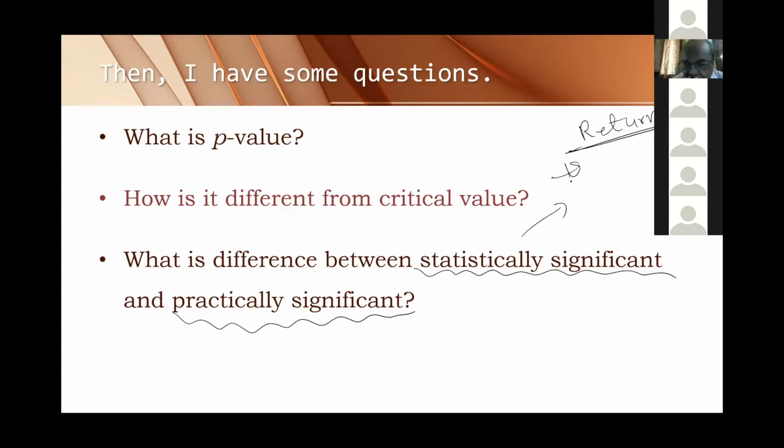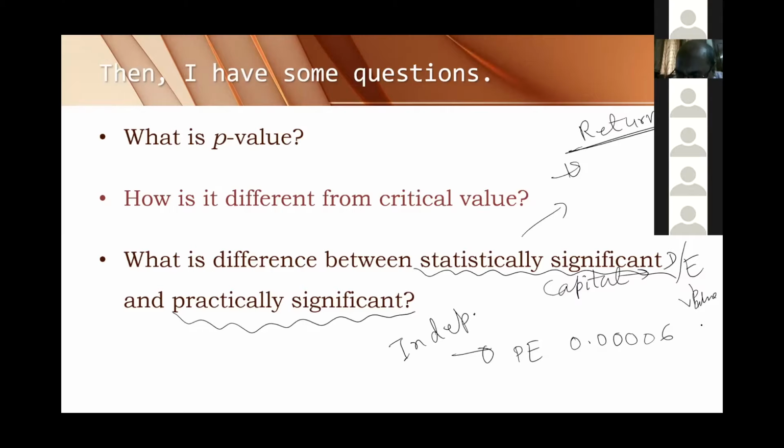Okay, I'll give you one example. Suppose we are looking for determinants of capital structure, which is the ratio between debt and equity. And we run a regression, and one of the independent variables is P ratio. The value of the coefficient is coming to be 0.0006, and the p-value is 0.0.